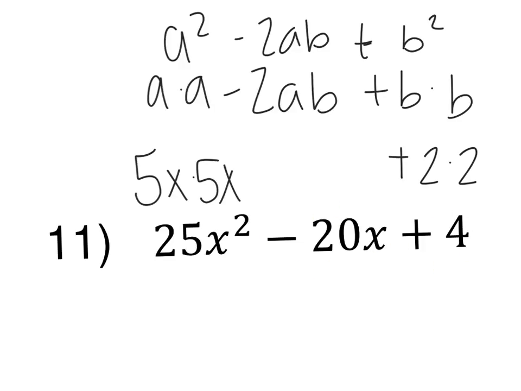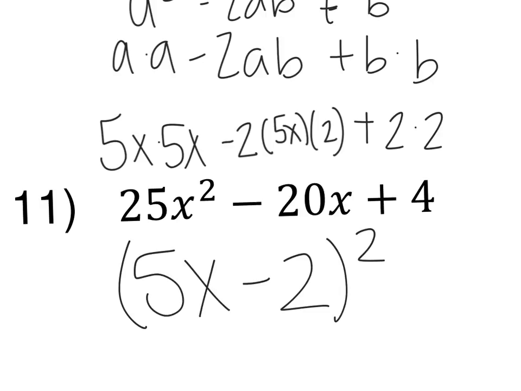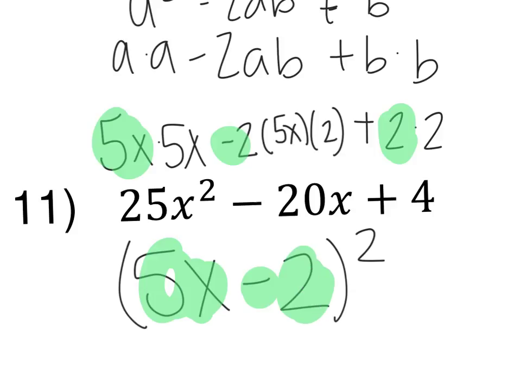So we need to figure out if minus 20x can be written as negative 2 times a, which is 5x, times b, which is 2. Well, 2 times 5 is 10, and 10 times 2 is 20, so this works, which is really nice because now our problem factors into (5x minus 2) squared. And that comes from the 5x here, the 2, and the minus sign. That's where the 5x minus 2 comes from.